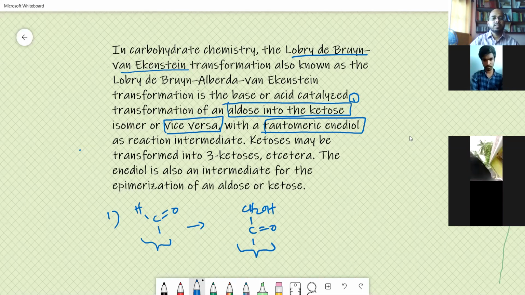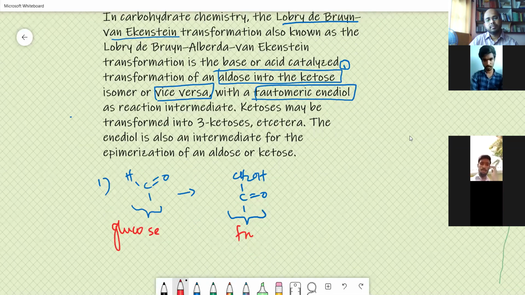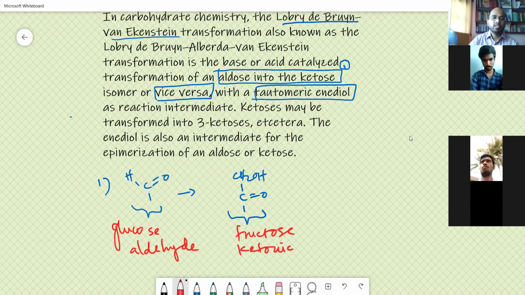So this is glucose, and this is fructose. This is aldehydic in nature, and this is ketonic in nature. This conversion is the first one.